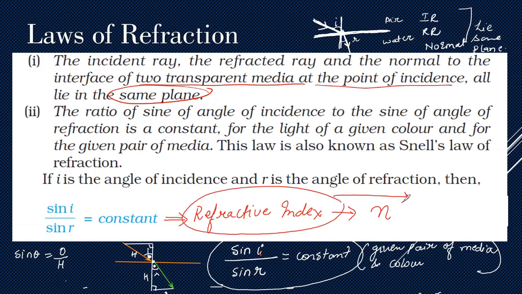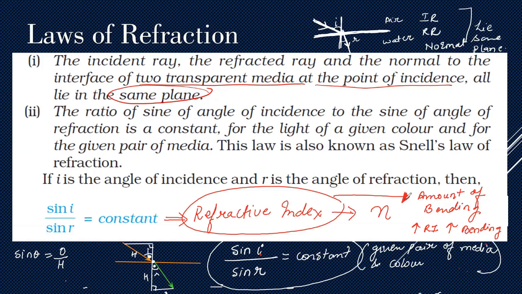Refractive index tells us the amount of bending. More the refractive index, more will be the bending. Less the refractive index, less will be the bending. So more refractive index, more the bending, and vice versa. Okay, so this is basically the measure of your amount of bending.